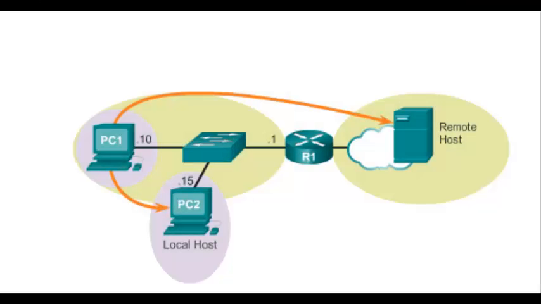Another role of the network layer is to direct packets between hosts. It is important to mention that a host can send a packet to itself for testing purposes by sending a packet to a special IP version 4 address. It can also send a packet to a local host, meaning another host that shares the same network address, or it can send a packet to a remote host.